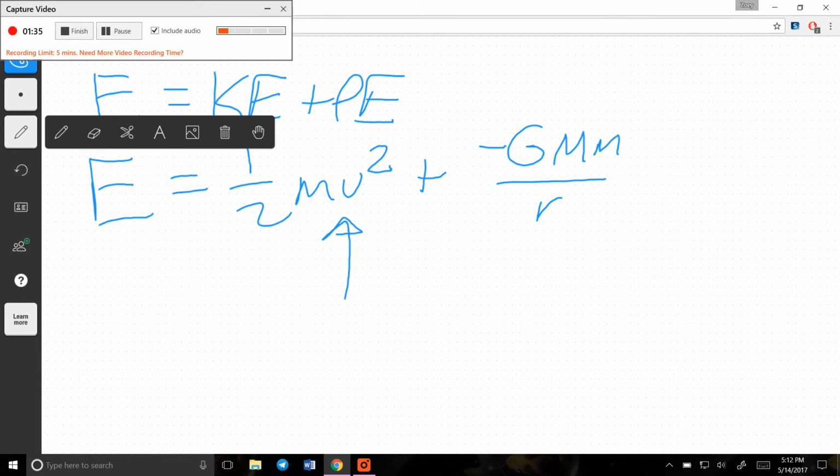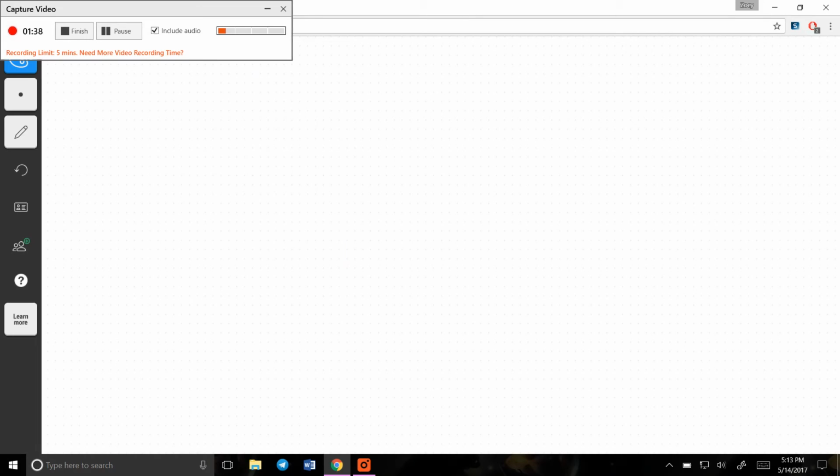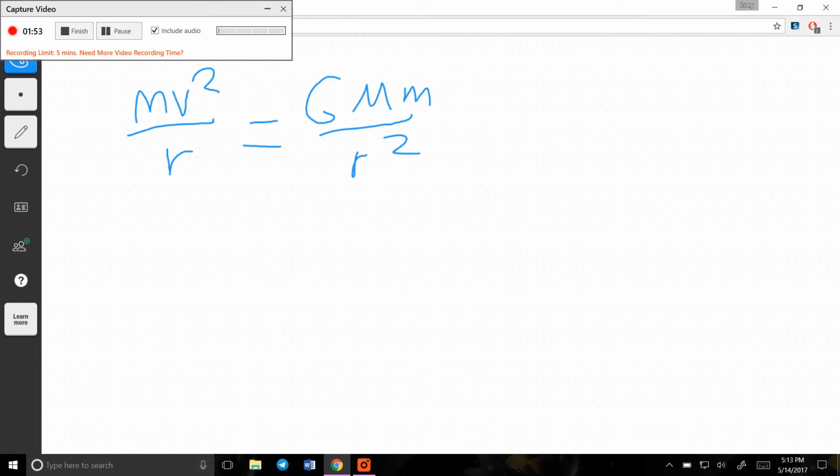However, to keep an object in circular orbit, the mass times centripetal acceleration must equal the force of gravity. So simplifying this, we get now, let's plug this back into our energy equation.